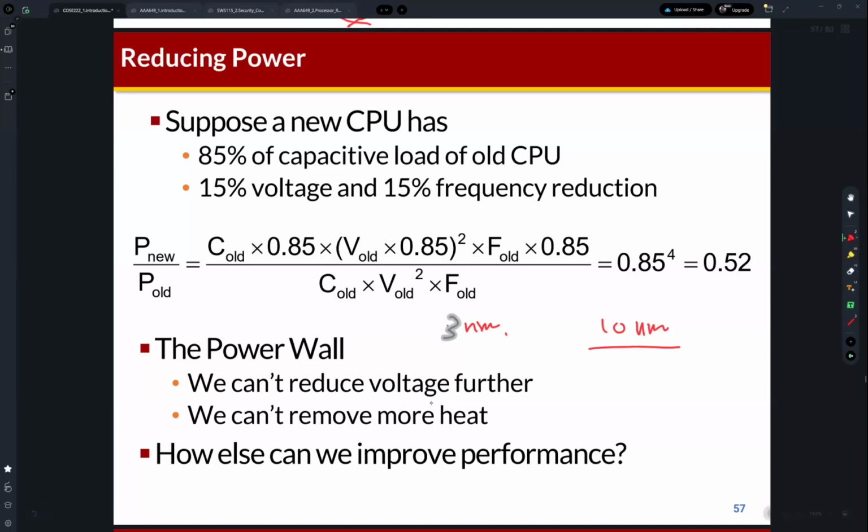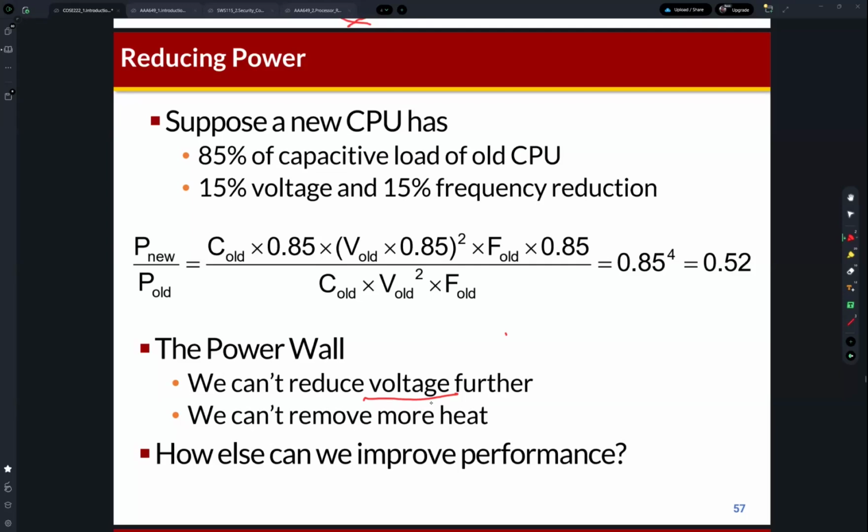But the problem is the supply voltage. I will not explain the mechanism of the transistor, it's out of scope, but even though we reduce the size of the transistor, we cannot reduce the supply voltage further.